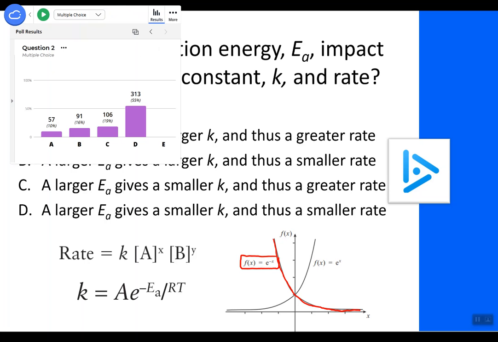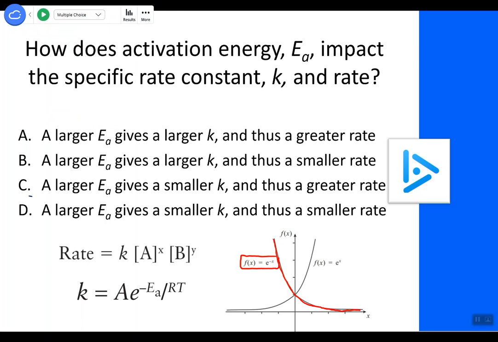Okay, approaching D, and D is the correct answer. We could think about this qualitatively. If I had the same delta G, or the same delta H, the same change in energy of reactants and products, I could have a big activation energy, a huge hill to get over, or I could have a little activation energy.